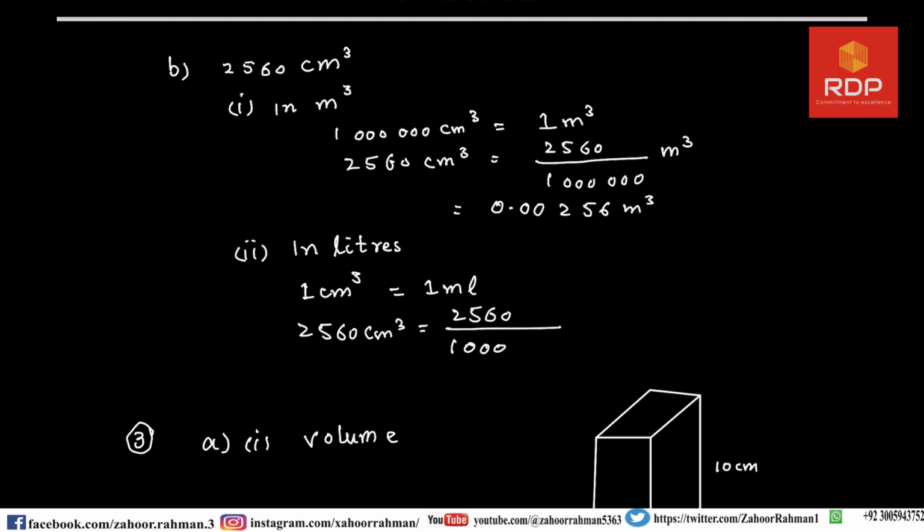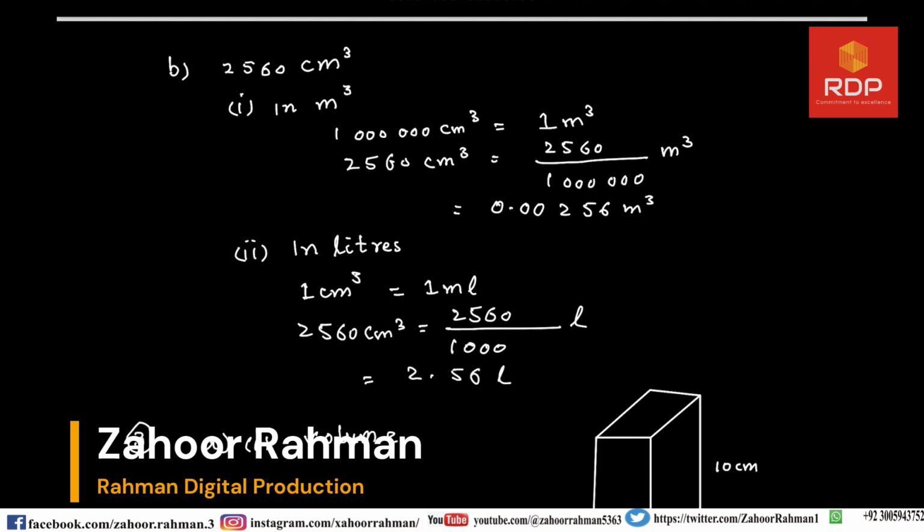We will divide it, because if we want to remove that M, then we have to write it L. M means milli, 10 raised to the power minus 3. So we are dividing it, and we will get 2.56 liter will be the answer.